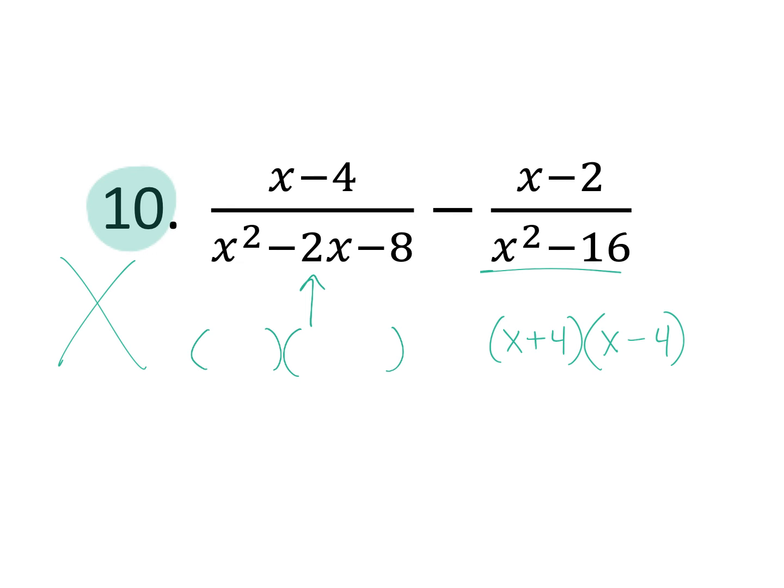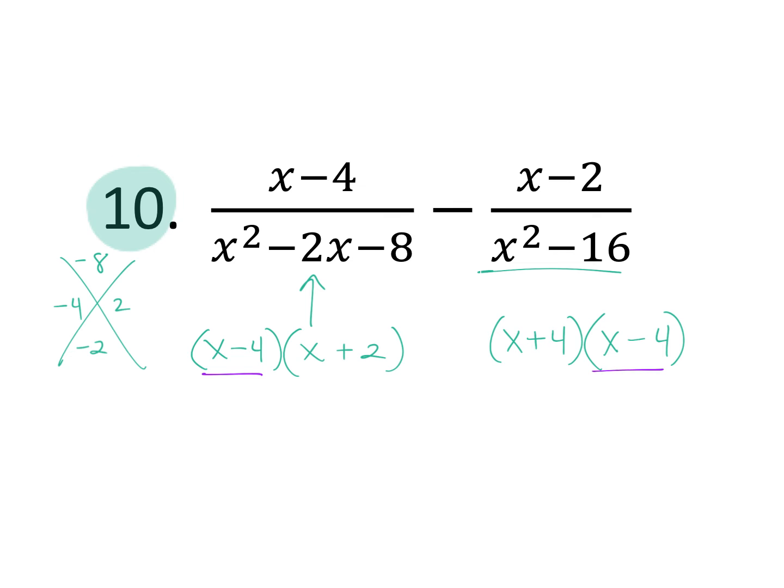This one, if you star it, so what can you multiply to get negative 8 that you can add to get negative 2? That would be a negative 4 and a positive 2. So x minus 4, x plus 2. Okay, so those are our denominators as we see them. What's our common denominator then? Both have an x minus 4, right?